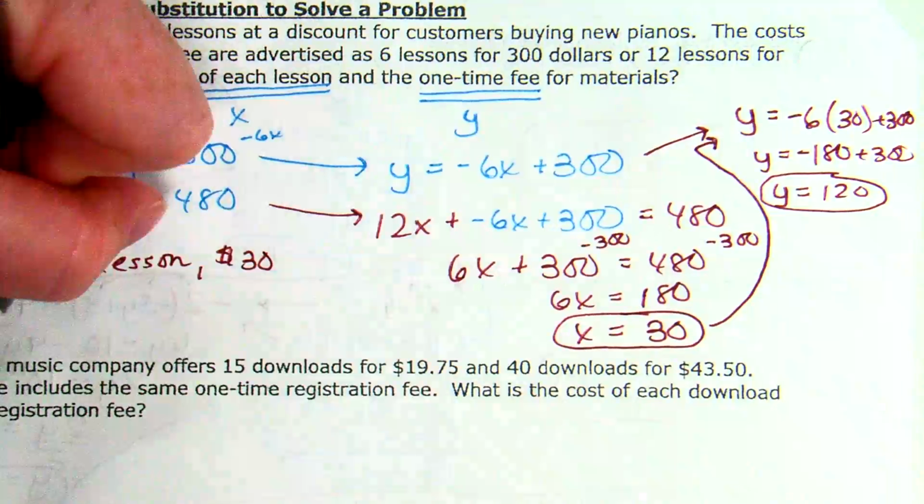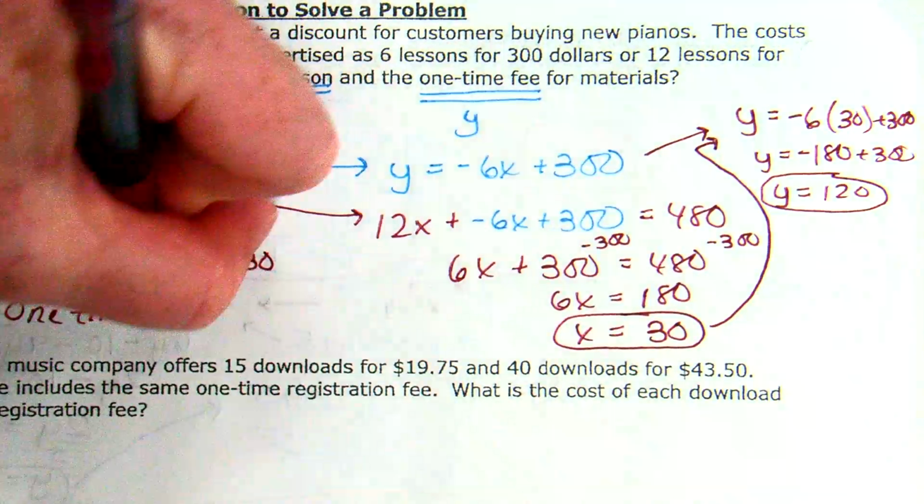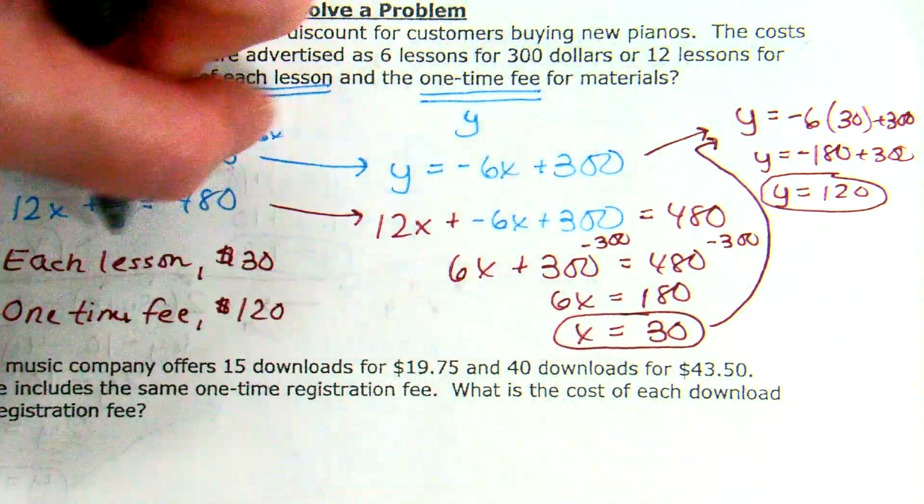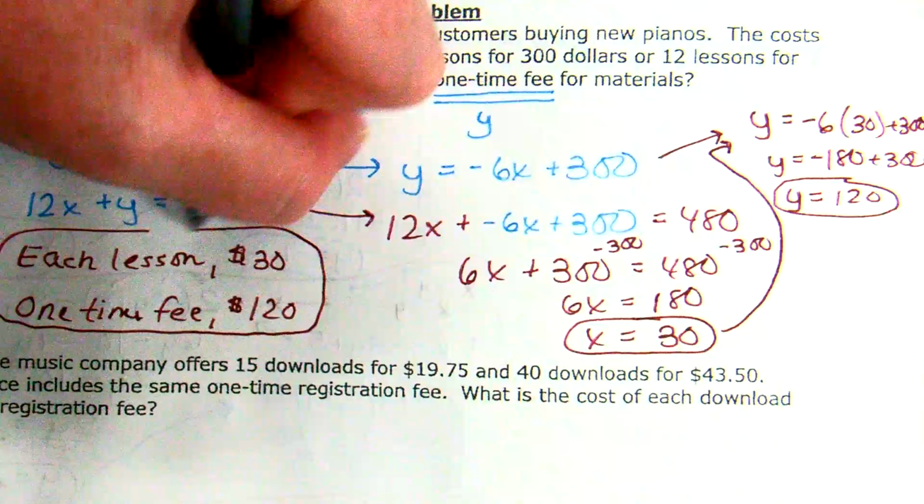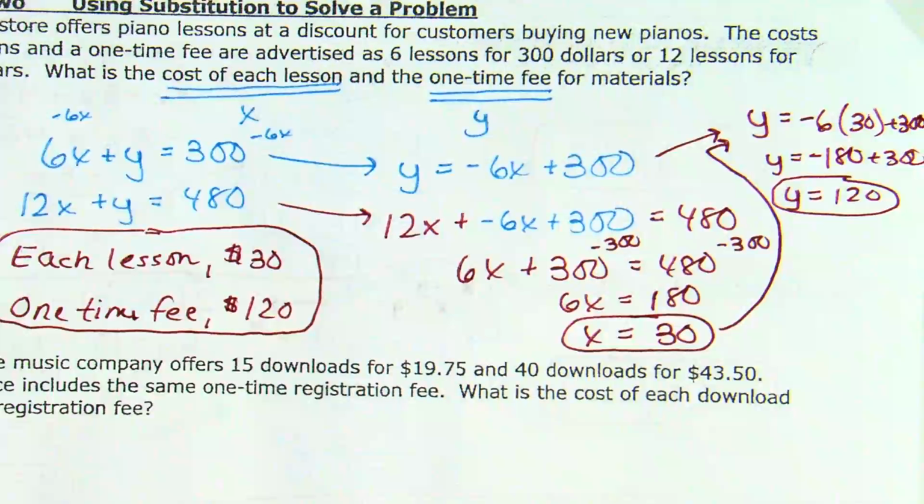So the one-time fee is $120. It's one thing to be able to get the answers for a word problem. It's another thing to be able to put it back in context. What is that 30? Don't tell me that 30 is 30 lessons. Go back and understand that that is $30 per lesson. And it's a $120 one-time fee.